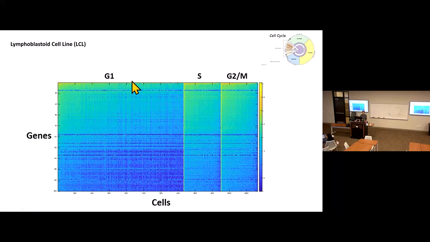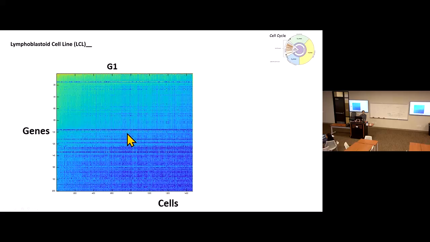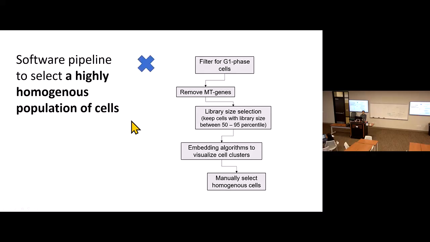G1 phase cells are the majority of cells, but they are relatively small. I believe they are normal size. So we remove those cells in the S phase and the G2 phase and only keep G1 phase cells.